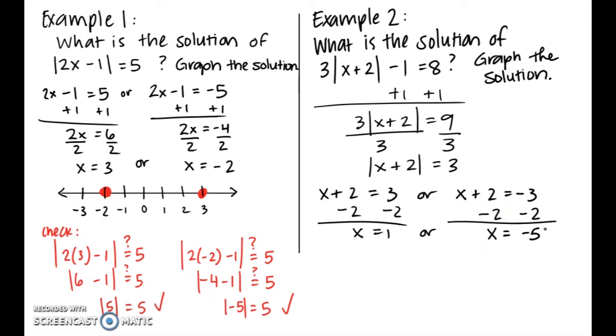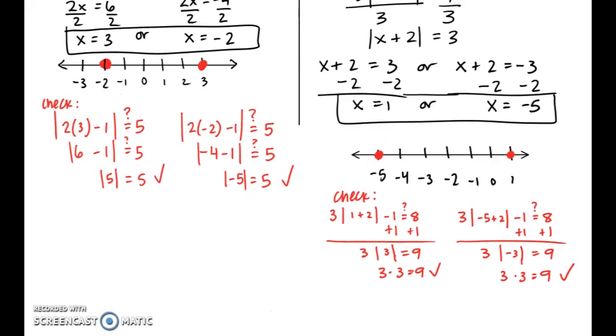Make yourself a number line and plot the points, negative 5 and positive 1. Similar to the previous problem, the checking process, you just take those two values separately and put them in for the variable x and check to see if they work, and it turns out they both do. So those are both valid solutions of the original equation.